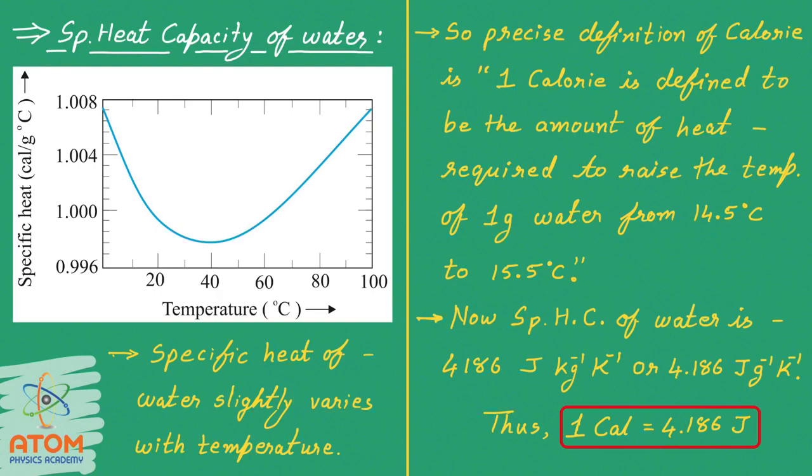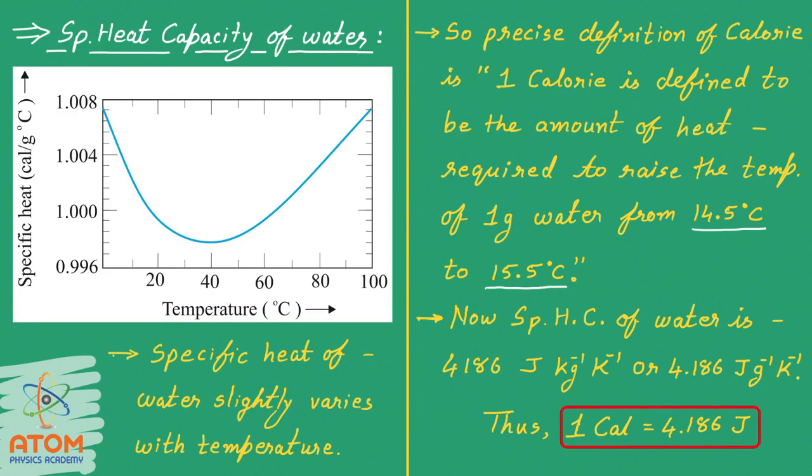Look here. The precise definition of calorie is: 1 calorie is defined to be the amount of heat required to raise the temperature of 1 gram of water from 14.5 degrees Celsius to 15.5 degrees Celsius. Look here, the temperature is given specifically from 14.5 to 15.5 degrees Celsius.